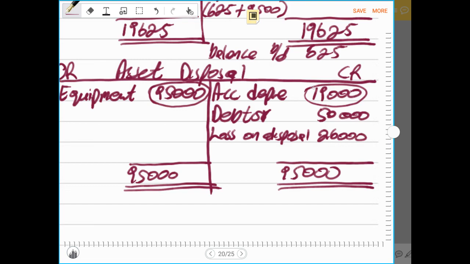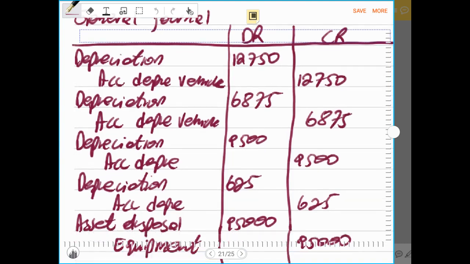It means we just have to credit asset disposal by all these items, and obviously we debit all these items and we credit asset disposal. So now we do that. Asset disposal is credited. That means we must credit asset disposal by the total of all these three. Therefore, now we debit all these three. So now we will be doing that in the general journal.